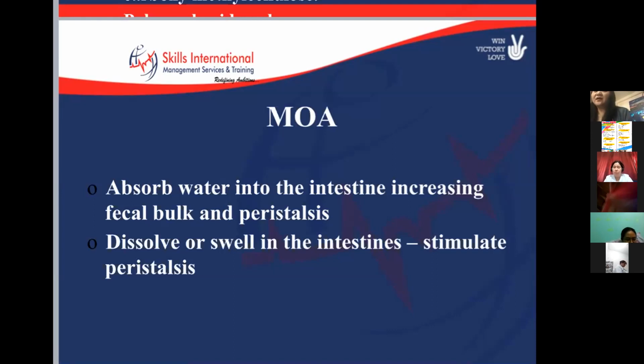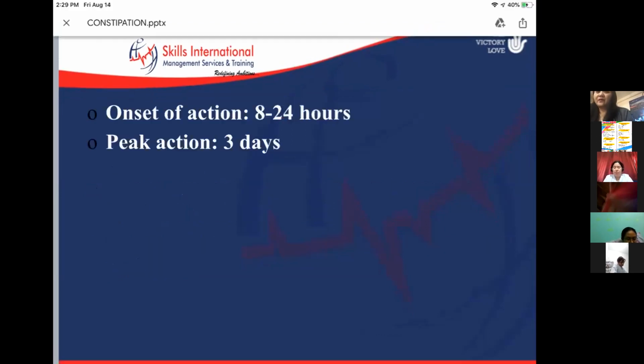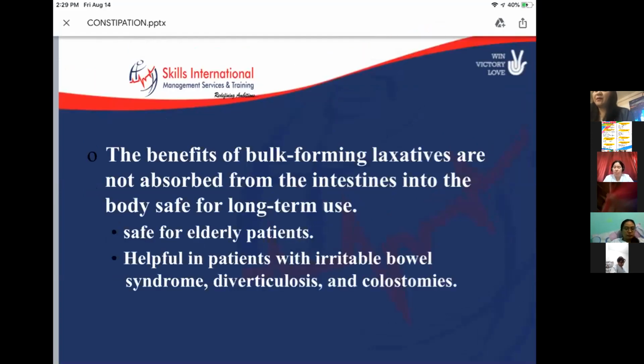So, yun ang mode of action ng laxative. Ang pinaka-onset niya for you to vacate is 8 to 24 hours. Ang pinaka-peak is 3 days. You will vacate.